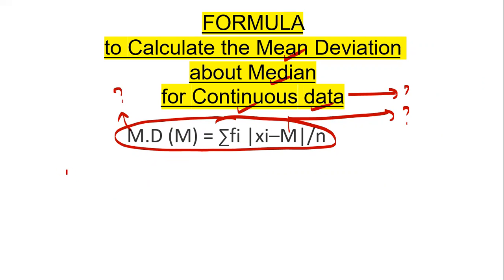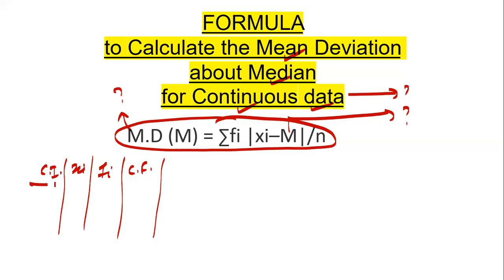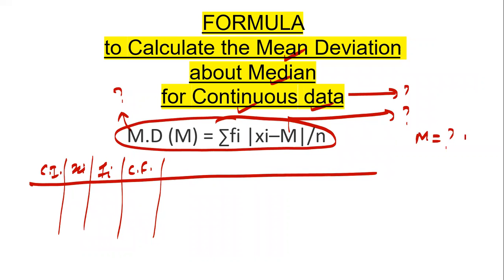According to the formula, we'll make the table. Class interval would be there, then xi, then fi, and cumulative frequency is required. Then we will find out median using the concept of how to find out median of continuous data.